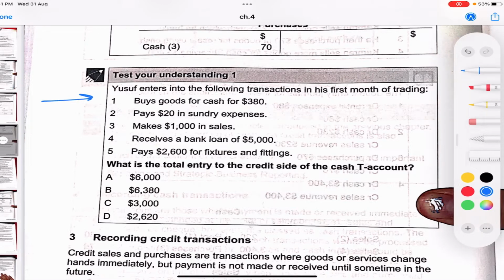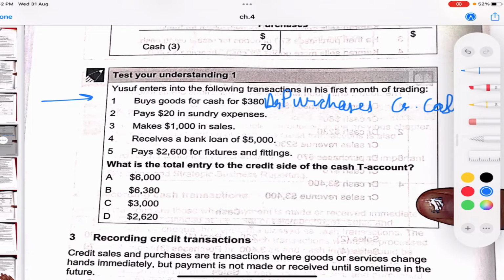Buys goods for cash. Now I'm not going to explain the reason of why I'm writing a particular journal entry, because I'm assuming that you must be clear by now. Buys goods for cash. Goods purchases account gets debited. Debit purchases account, credit cash account. Purchases gets debited.